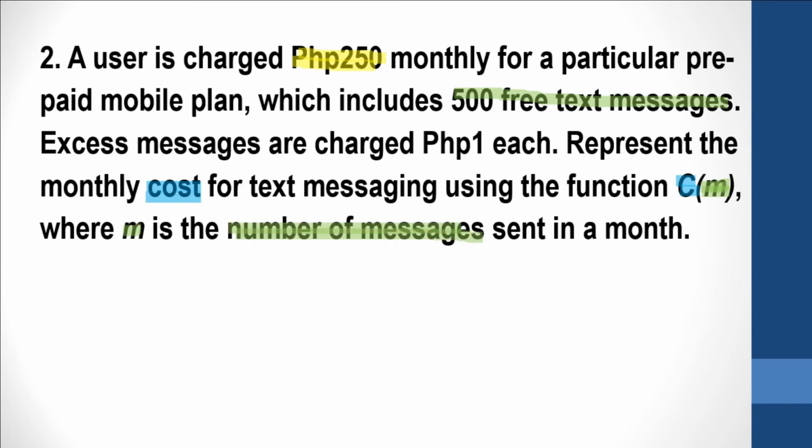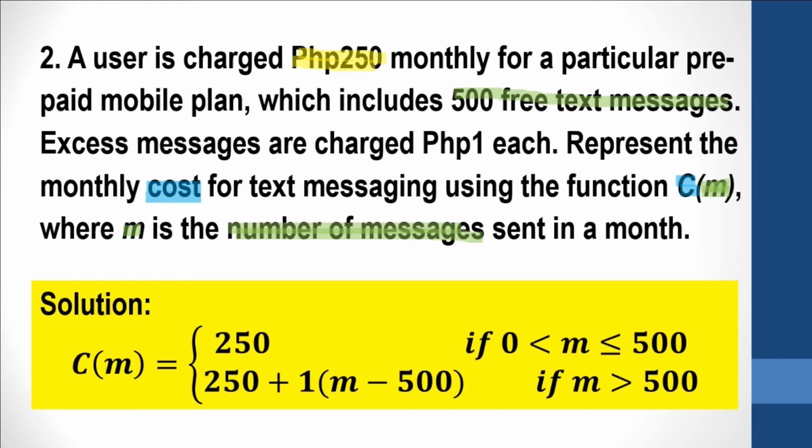Okay, what is now our function? Our solution or our function for this one is we have C of M, or the cost in terms of the number of messages sent, is equal to our brace. Okay, meron lang tayong dalawang functions, dalawang conditions. We pay 250 if M is greater than 0 but less than or equal to 500.